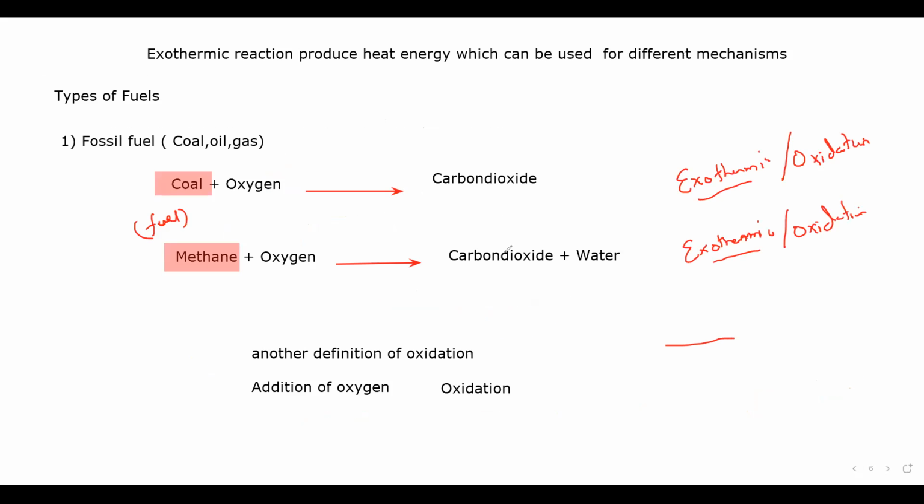But what is the disadvantage here? When we use a fossil fuel, it produces carbon dioxide, and carbon dioxide can cause global warming. That's why fossil fuel has a disadvantage compared to hydrogen fuel.